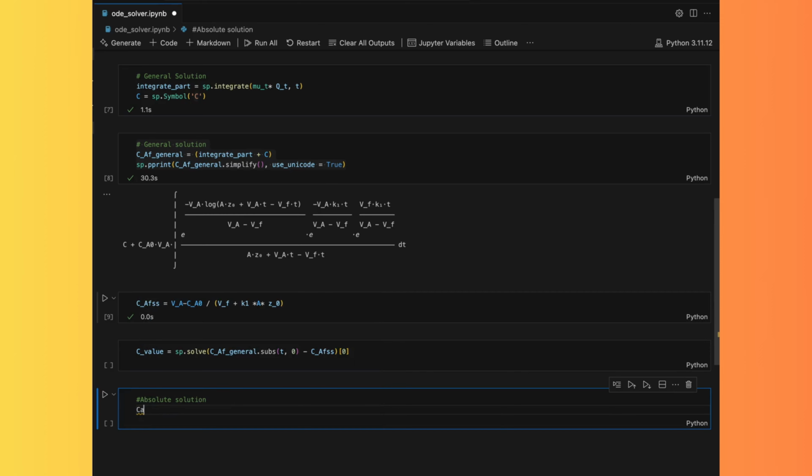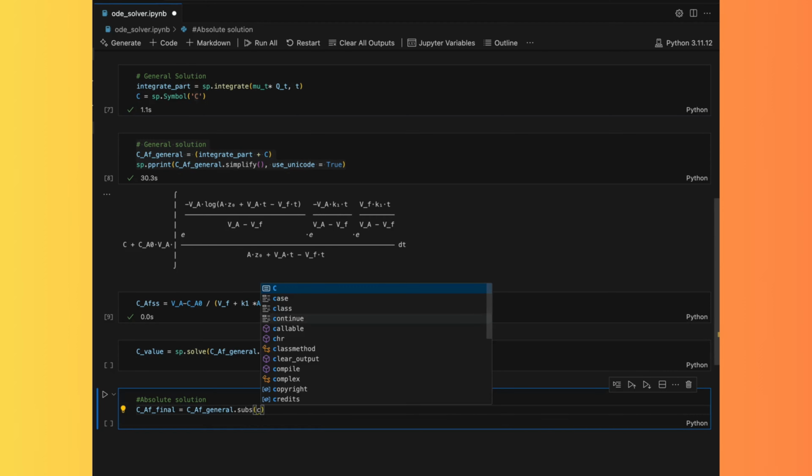CAF final is the CAF general plus subs, substituting C with the C value. Okay.